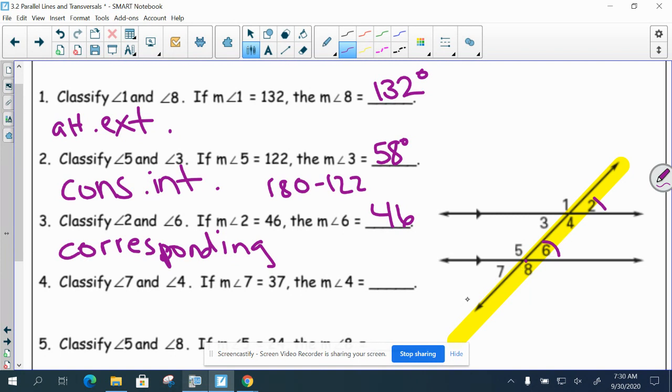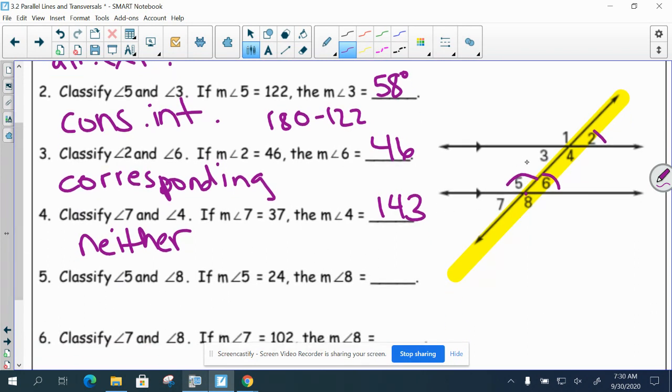So they're not either of the four different angle types that we've mentioned. However, you can still say that angle 4, if angle 7 is 37, then angle 4 would be supplementary to that, 143, because you would know this would be 143, and then these are alternate interior, which are congruent.